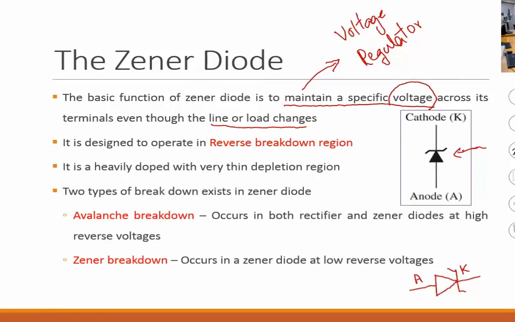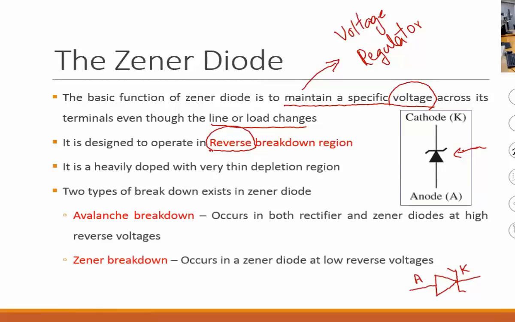But in what bias, this is how a Zener is different from traditional diodes. Zener is designed to operate in reverse bias. It's not intended to operate in the forward bias condition. In forward bias, a Zener is exactly the same as a traditional diode.